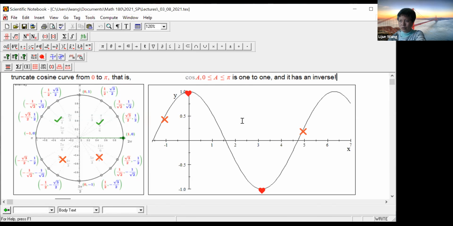Okay, 1-to-1, it has the inverse. Now, what does the inverse look like? What's the domain and range of this inverse?